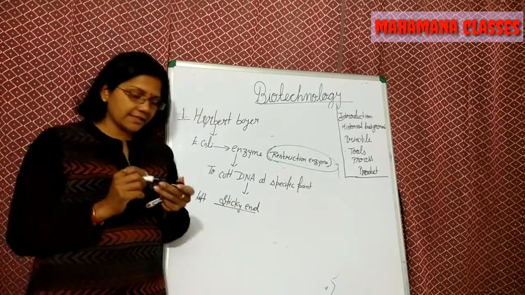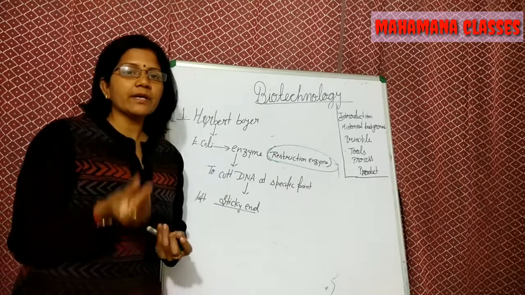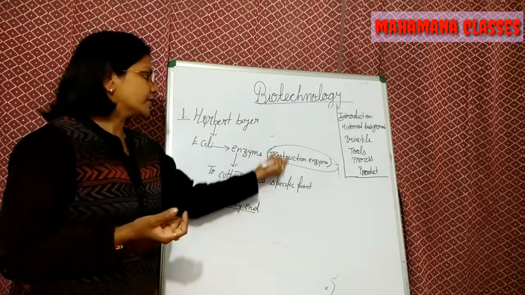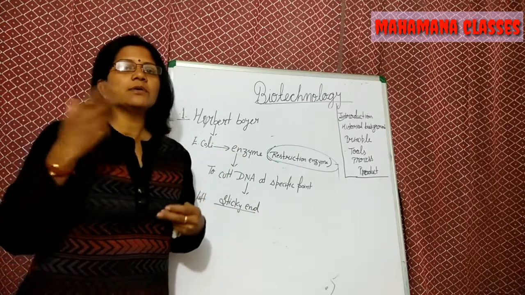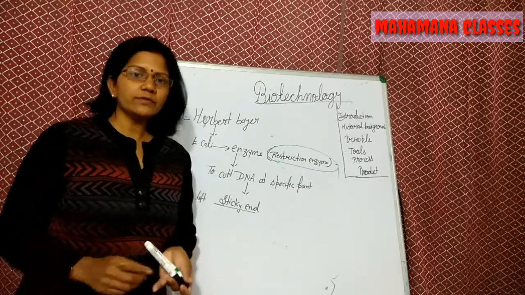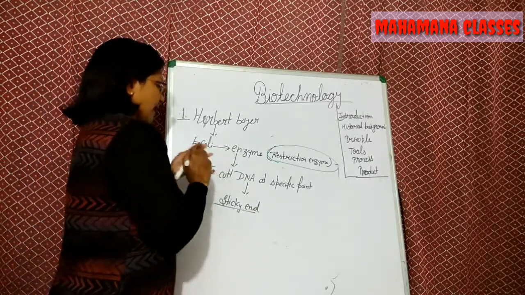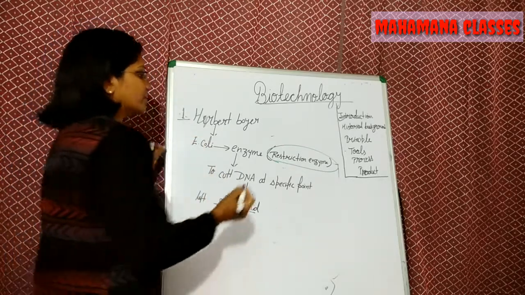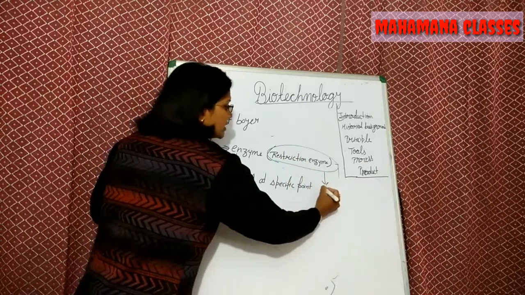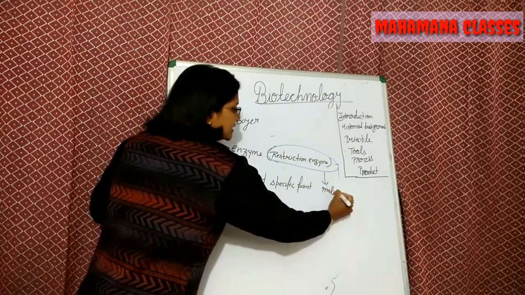Why am I saying sticky end? Because that cut segment, the piece of DNA after using the restriction enzyme, was able to ligate or link with another segment of DNA. So as we will see later, the restriction enzyme is also known as molecular scissors.